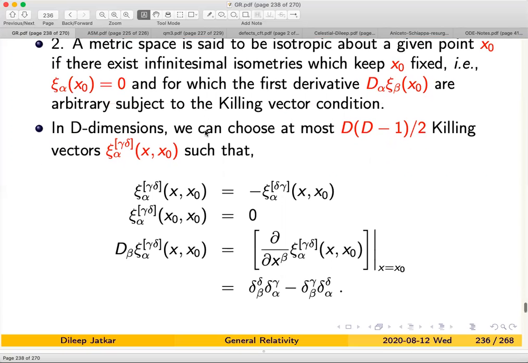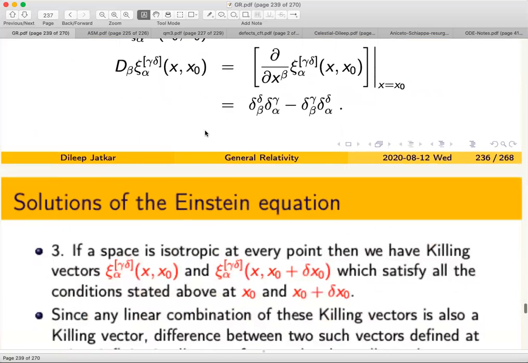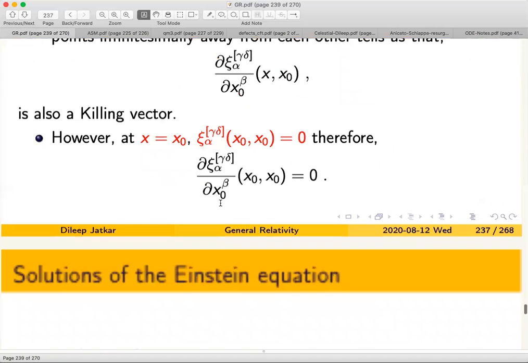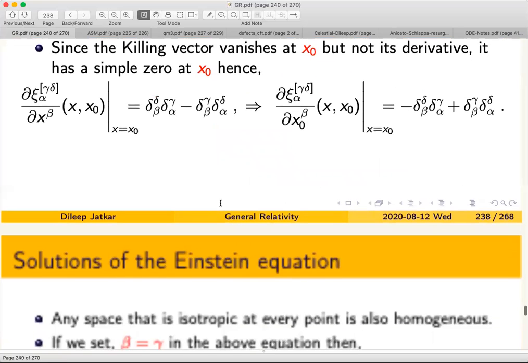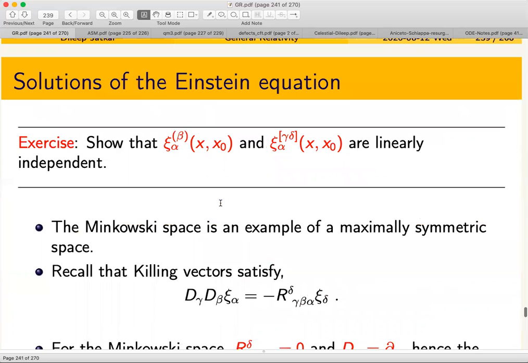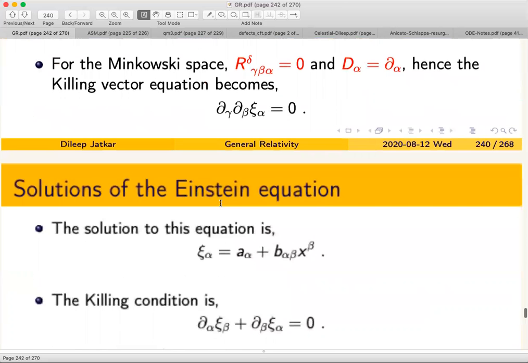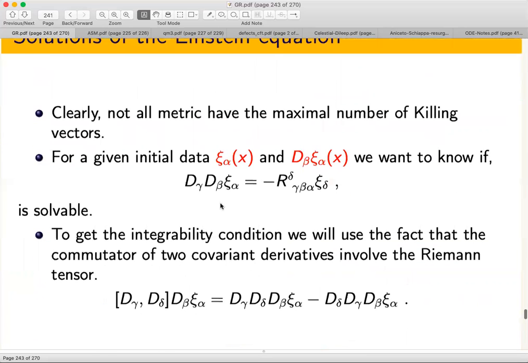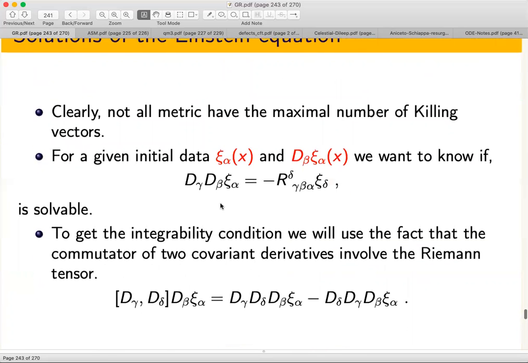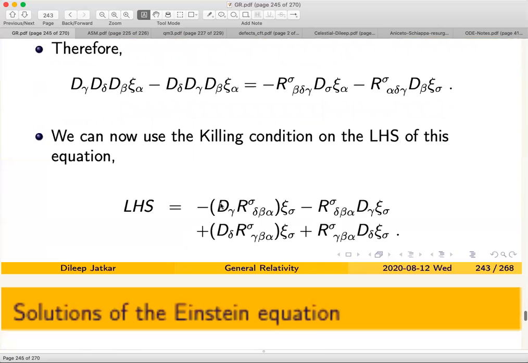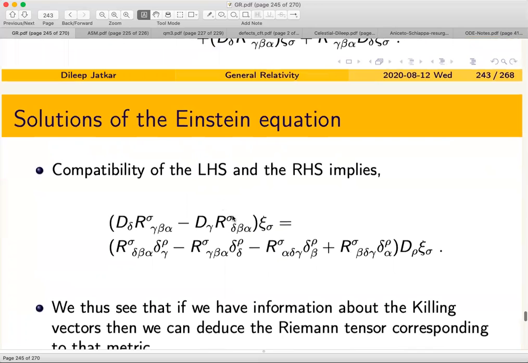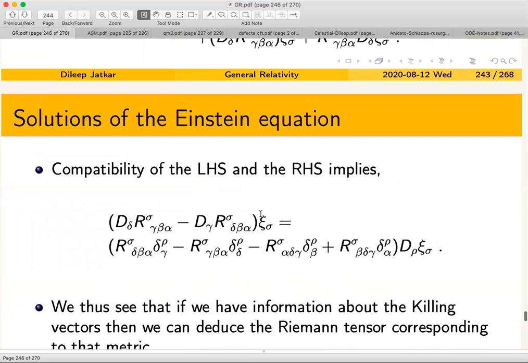So if you use this condition, if you look at this Killing vector, then the equation that we get here would have xi sigma equals 0, and the right hand side therefore has to be 0.